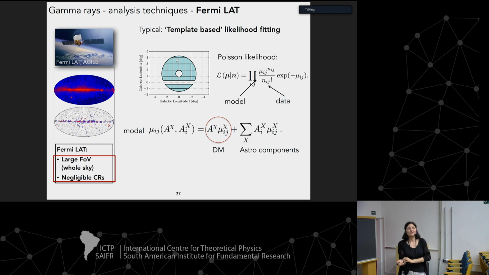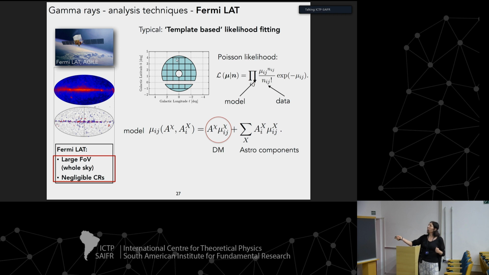Yes, so you sum here over all pixels. Exactly. What enters the likelihood are the models. In a given pixel, I is a spatial pixel and J is an energy pixel.